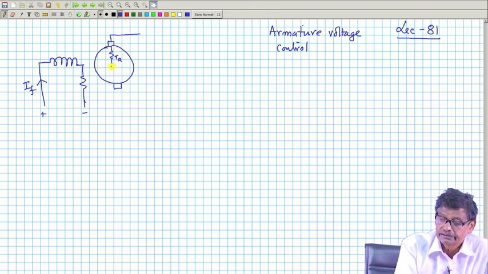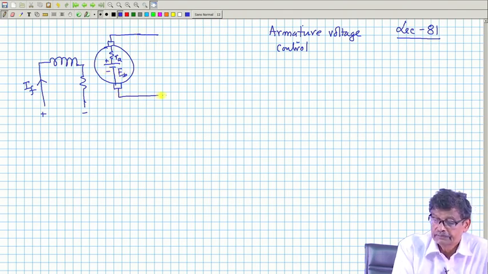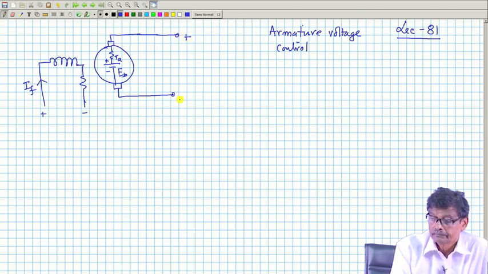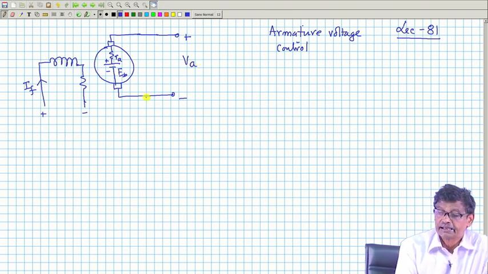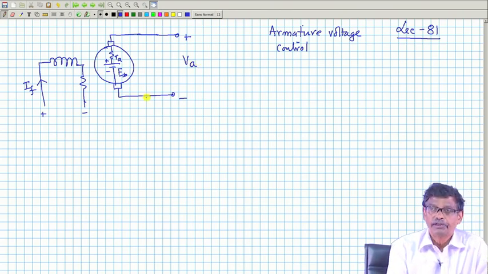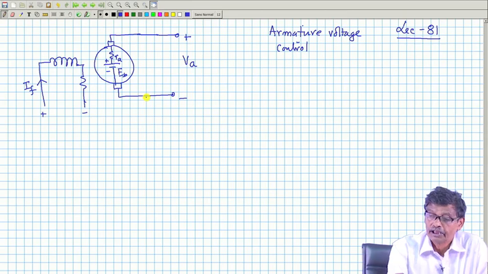external resistance. This is your back EMF E B, with plus and minus, and this voltage I now call V A, because it is separately excited, it has to be if you want to control the armature voltage.